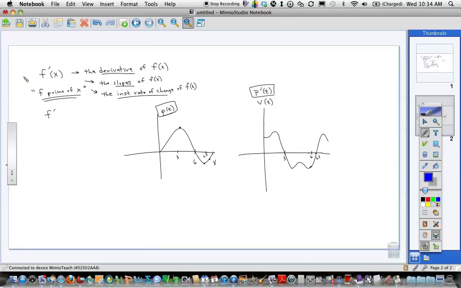Now, what about the slopes of the velocity graph? What does it tell you that the velocity graph right over here is going up?